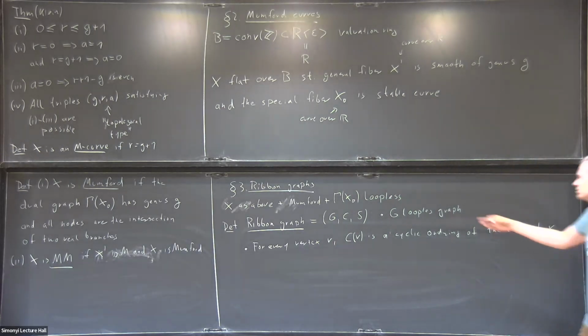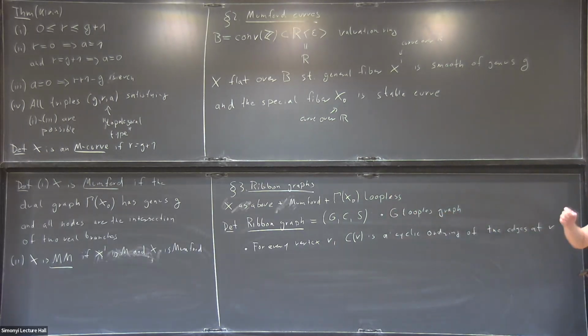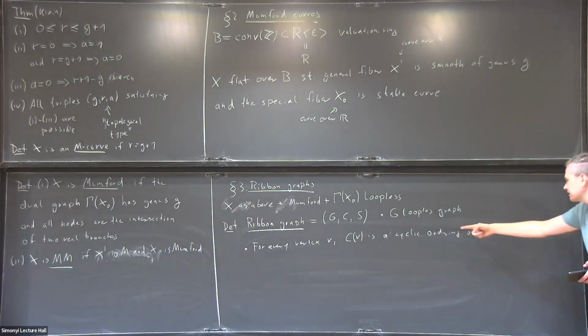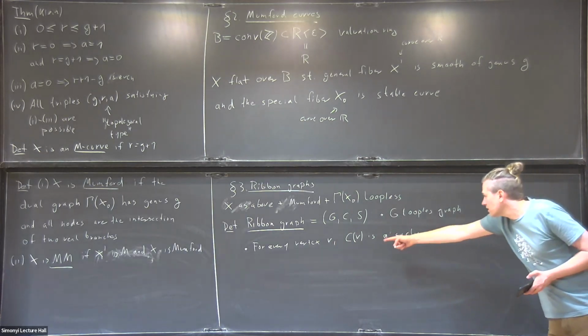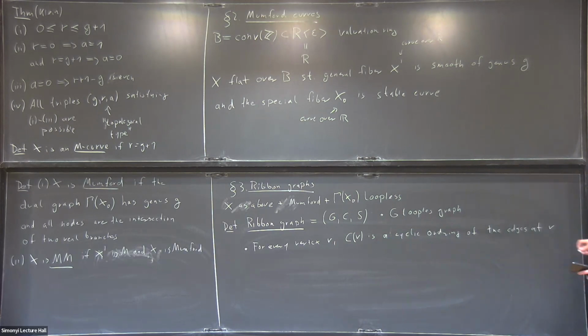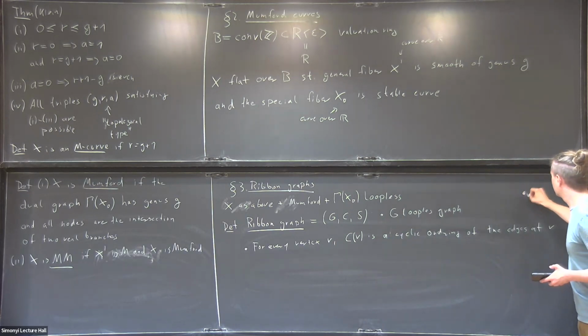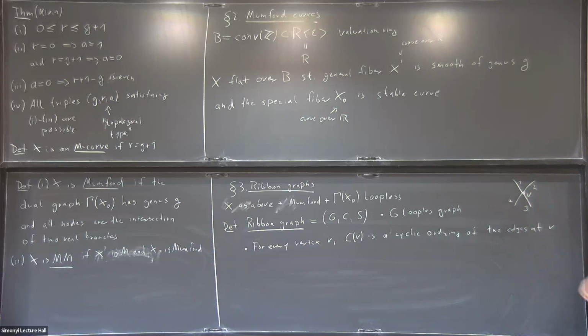So c maps from the set of vertices and associates to every vertex a cyclic ordering of the edges adjacent to v.